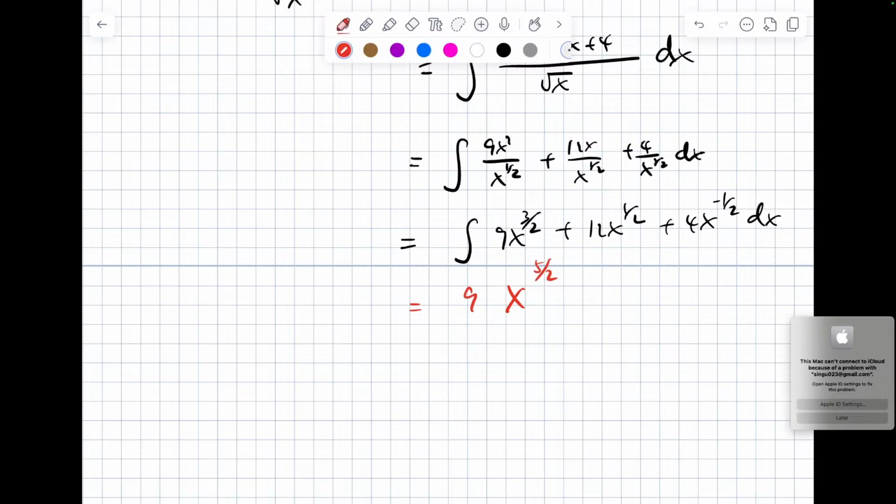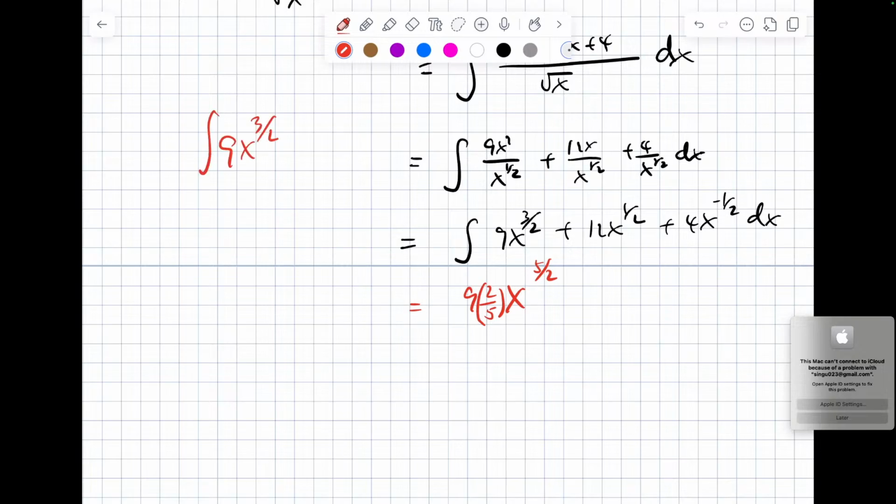9. Now, I know it's 5 over 2, divided by 5 over 2. That means the same thing as times 2 over 5, right? So I'm going to write down 2 over 5 like this. Is that okay? Because I know dividing by 5 over 2 is the same thing as multiplying by 2 over 5, so I write it in the front. Wait, where'd you get 5 over 2? Remember, it's 9x to the 3 over 2.